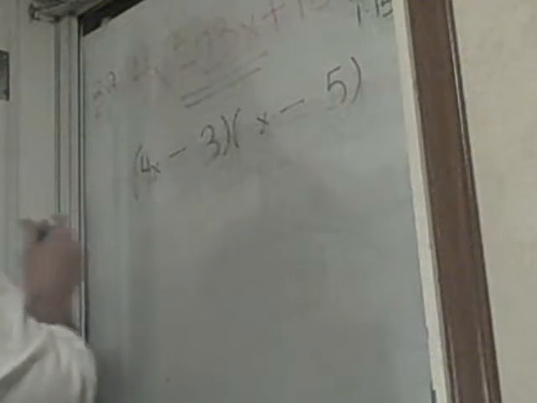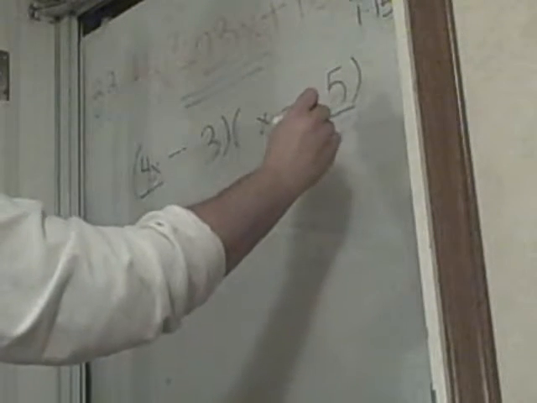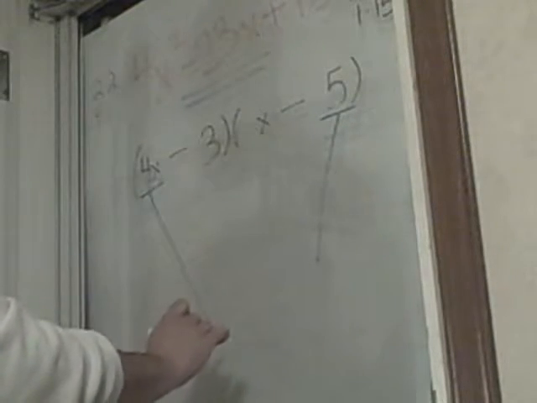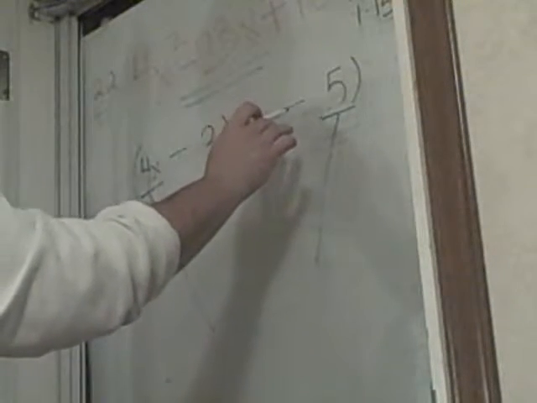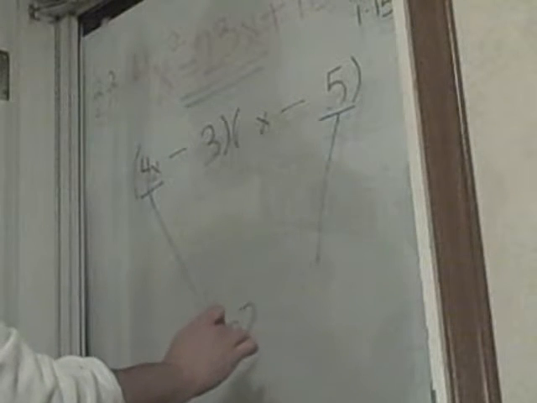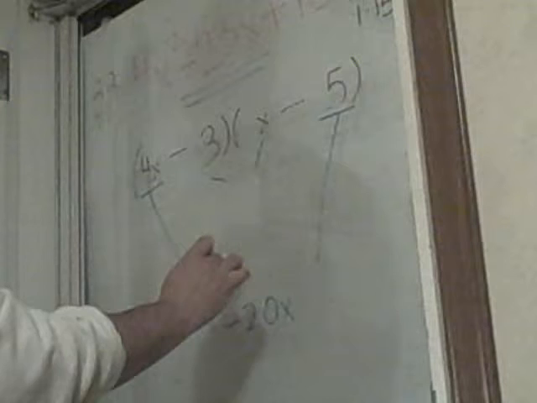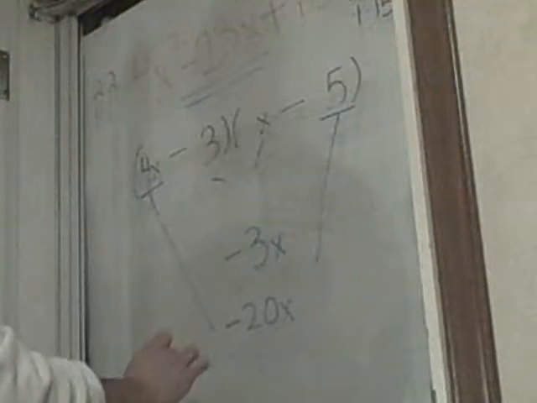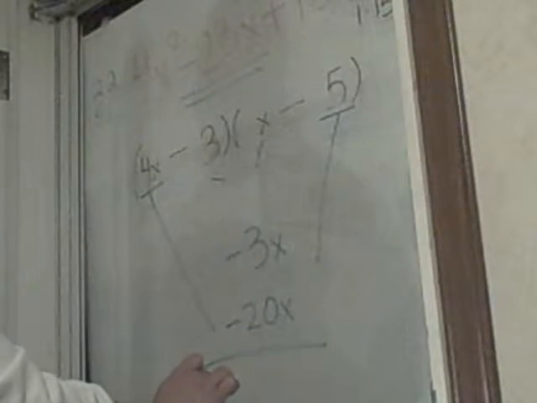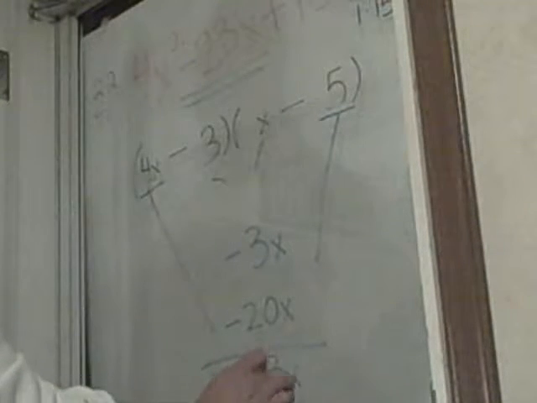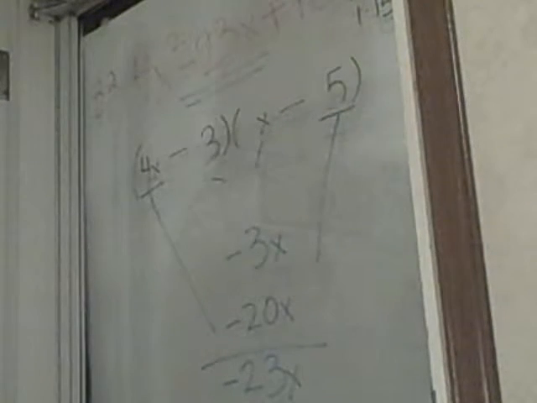So we're going to take our outer terms and multiply them. 4x times negative 5 is negative 20x. And then negative 3 times x is negative 3x. Combining those, I get negative 23x, which is what I wanted.